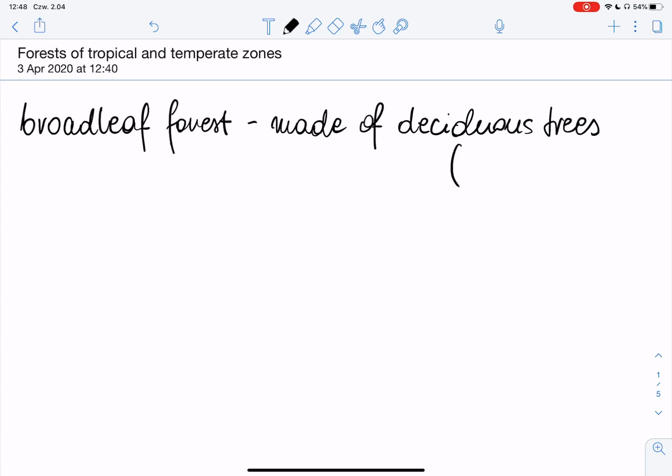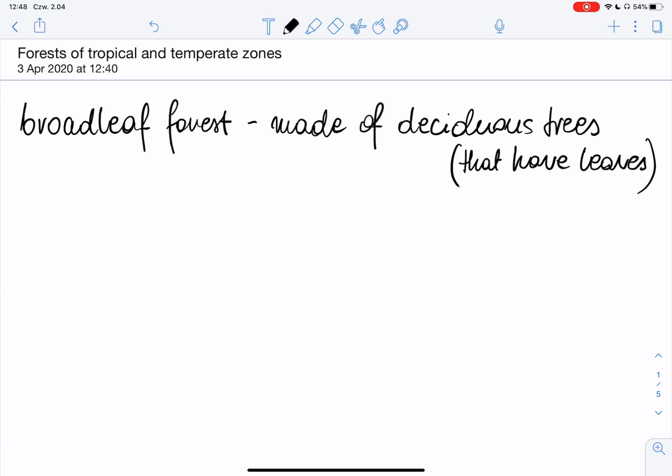Deciduous trees are the ones that have leaves. So oaks, birches, and the ones that have leaves.